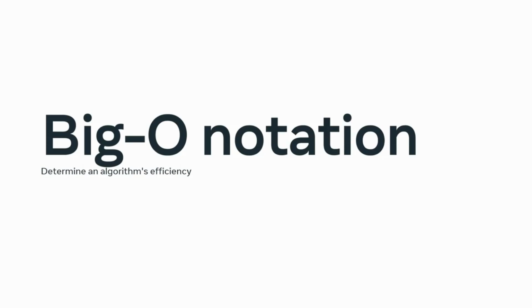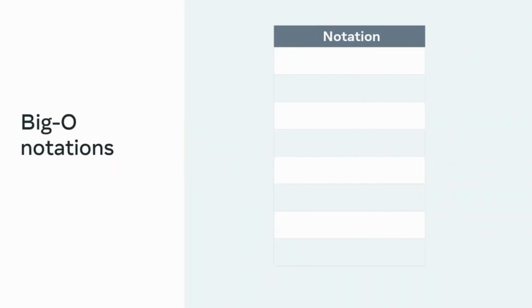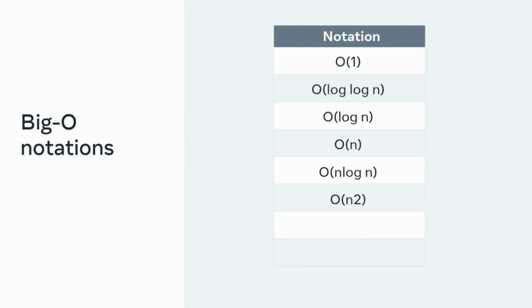In this video, the amount of time an algorithm will take is considered. Some of the big O notation you will encounter include the following: O of 1, O of log n, O of n, and so on. So how do you measure the quickest possible time that something can be computed?